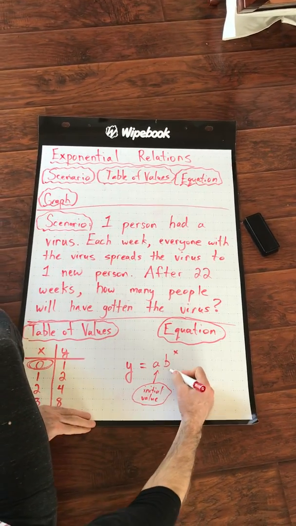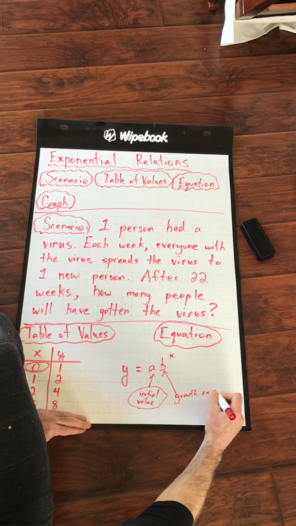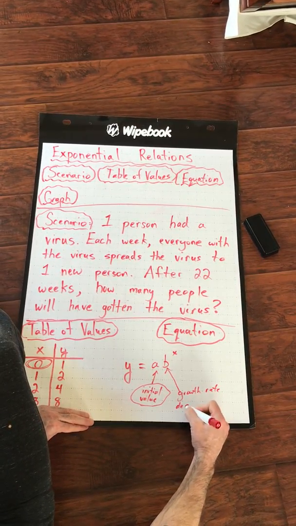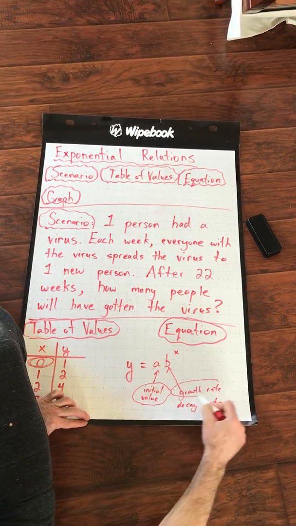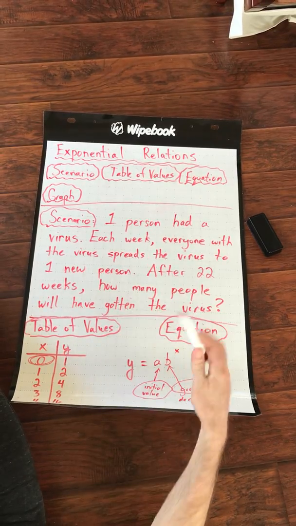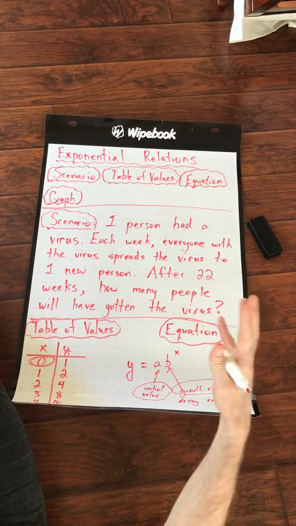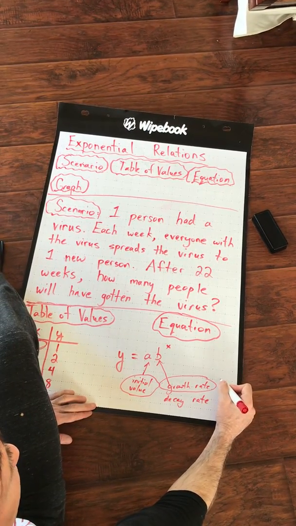Your b is your growth rate, or your decay rate. If it's a growth rate, that means it's getting bigger and bigger and bigger. If it's a decay rate, it's going to get smaller and smaller and smaller. Your growth rate is going to be greater than 1.